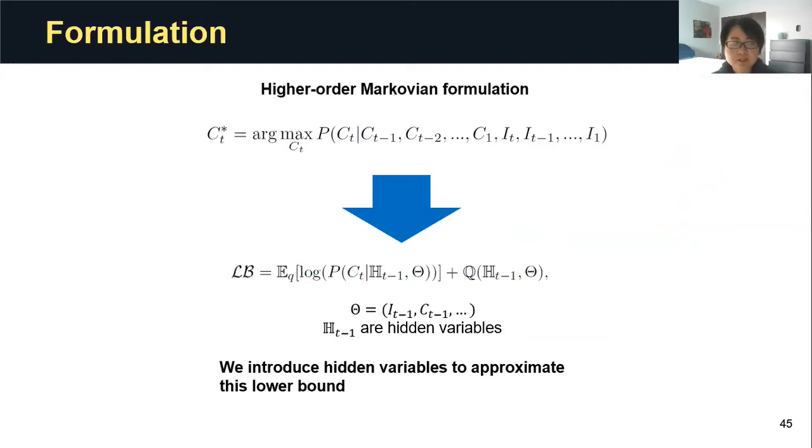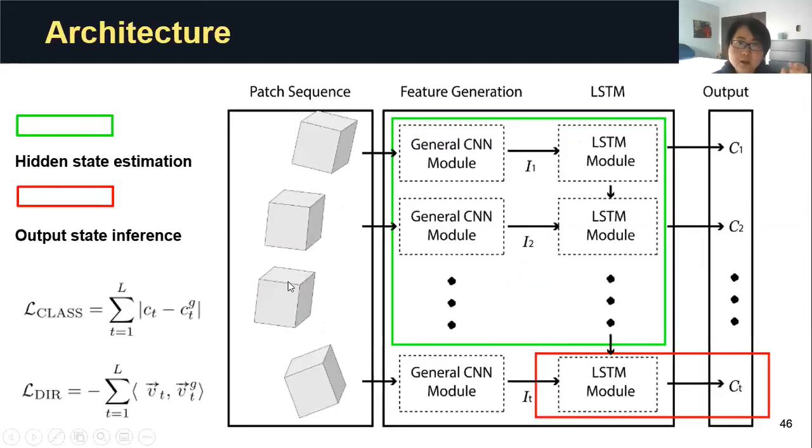By approximating the lower bound, we have to introduce some hidden variables to predict the C_t. There are different ways of estimating the hidden variables, but in this work, we use the LSTM to predict the hidden variables.